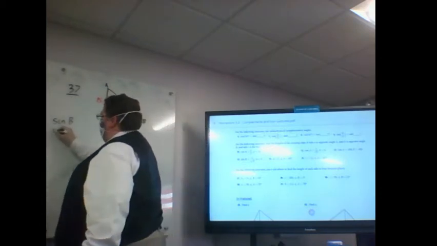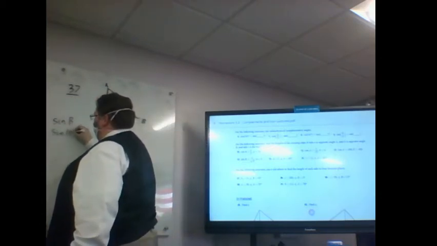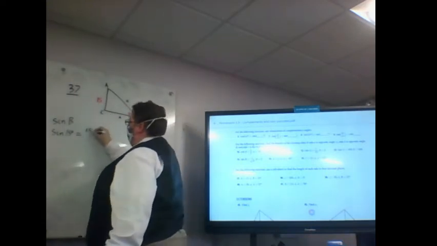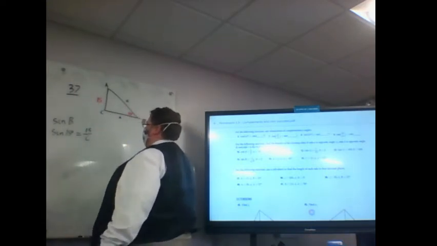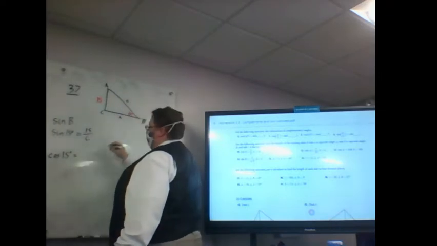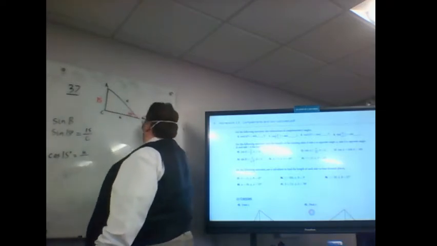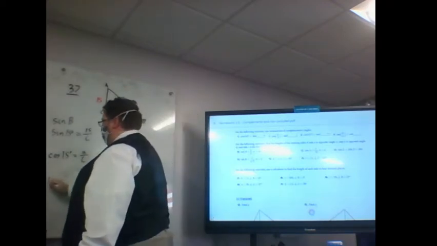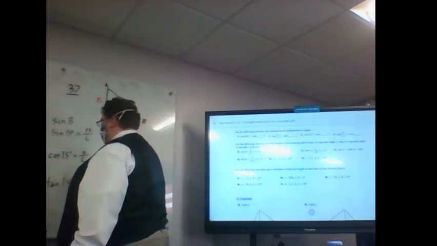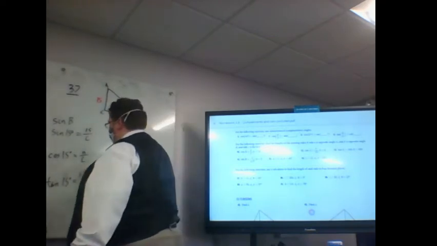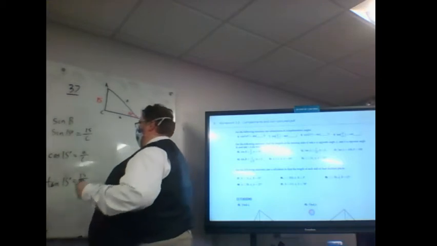So that would be sine of 15 degrees is equal to the opposite to B, which is 15, over the hypotenuse, which is C. Cosine of B, which would be cosine of 15 degrees, is equal to the adjacent, which is A, over C, which is the hypotenuse. And then tangent would, of course, be tangent of 15 degrees equal to the opposite, which is 15, over the adjacent, which is A.